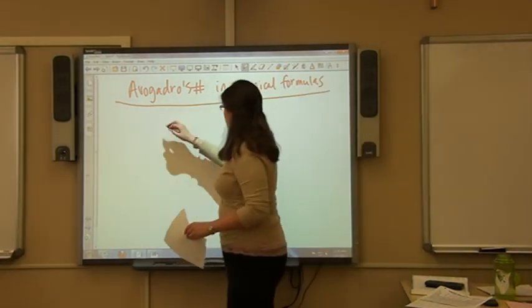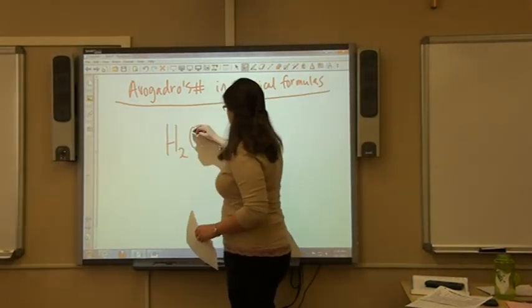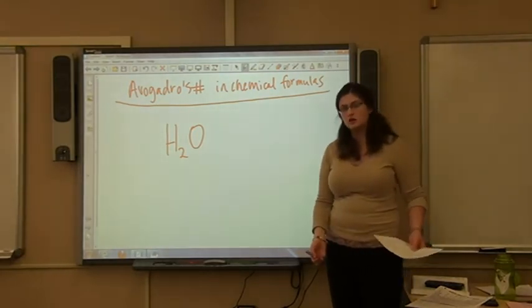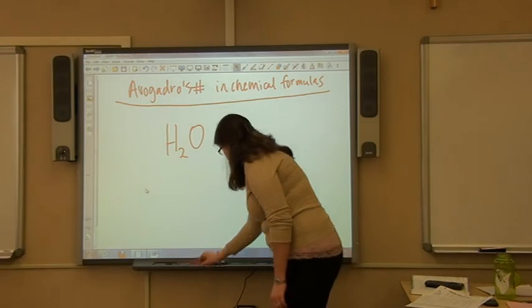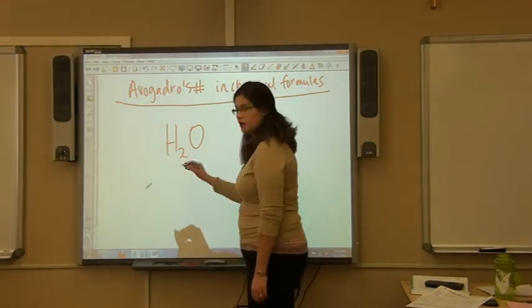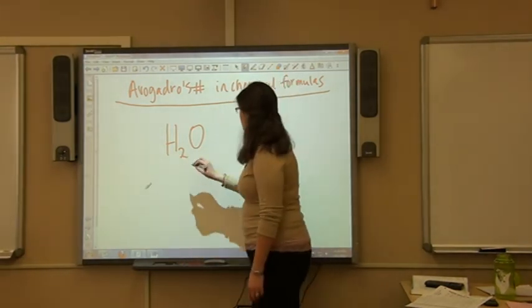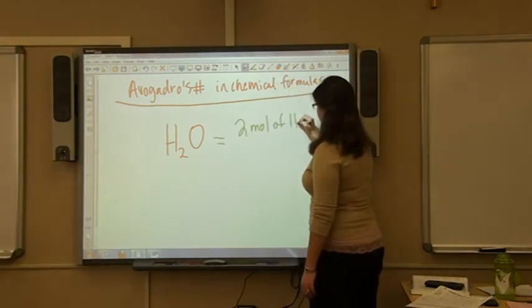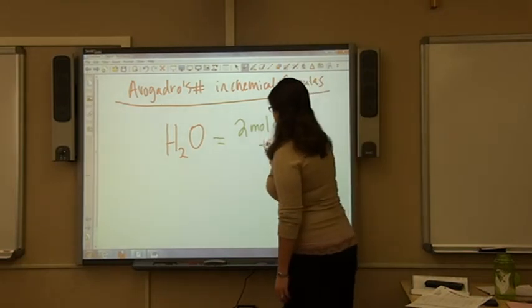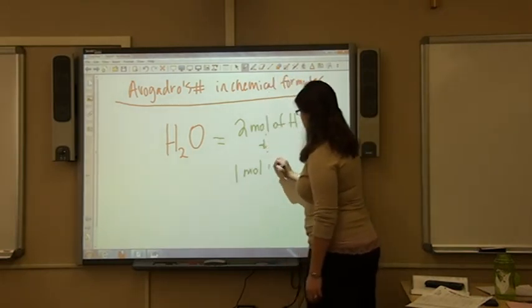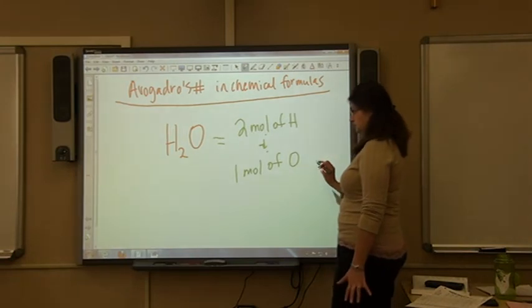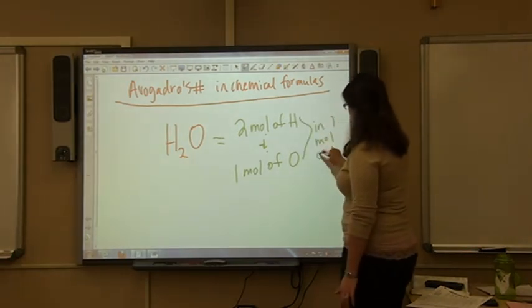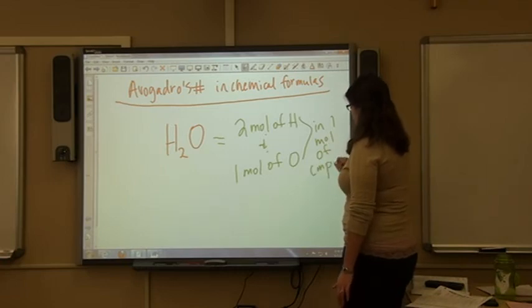Okay, so if we take a look at water, H2O, we say that in this compound, in this molecule, there are 2 moles of H and 1 mole of oxygen in 1 mole of compound.